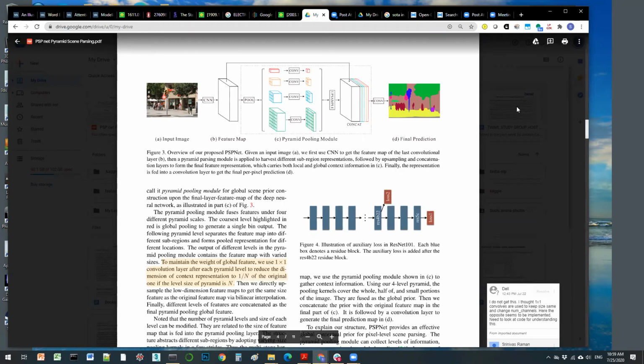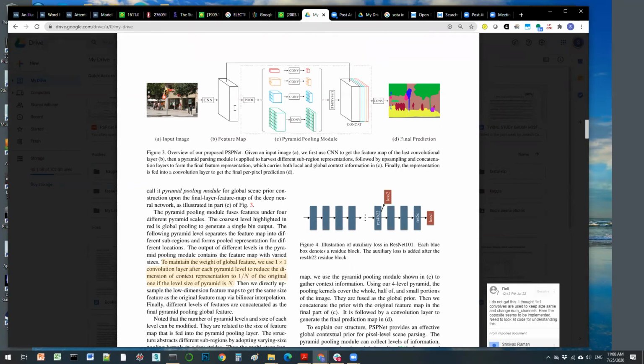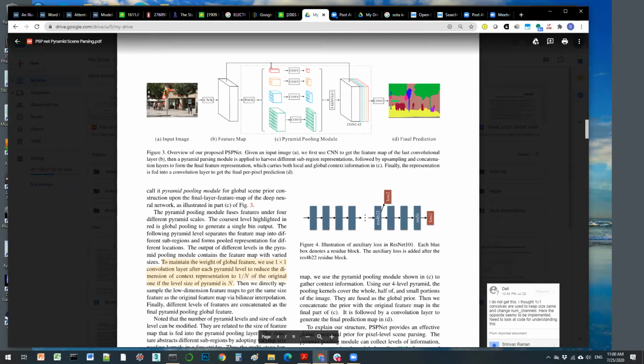But if they're not, then you would probably need to vary not just the number of pools and the sizes at which you do them, but also how much you reduce the original feature map. Right, and whether you do the same 1, 2x2, 3x3, or more of these at different resolutions. Yes, that's a good point.